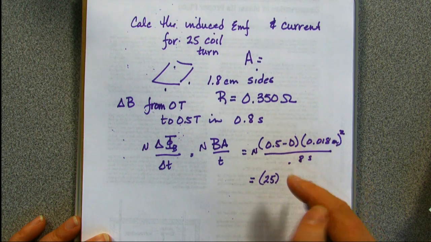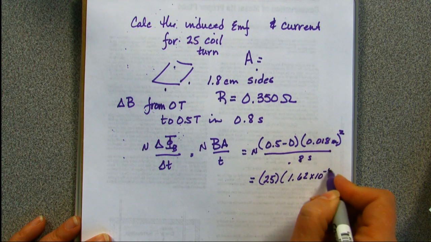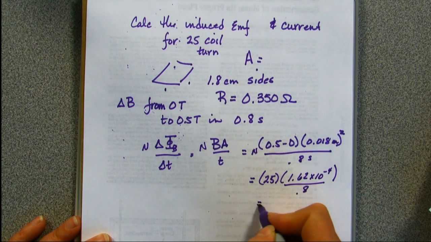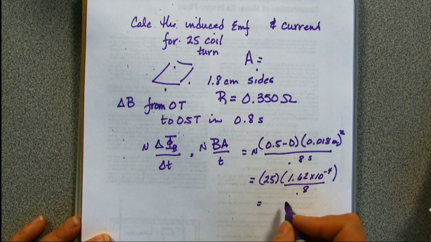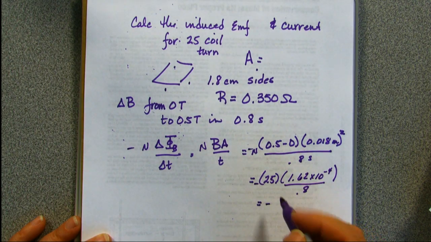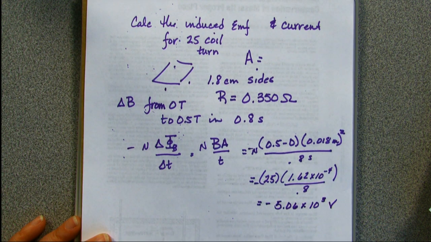This ends up being 1.62 times 10 to the minus 4 divided by 0.8, and that has a negative. That gives me a negative 5.06 times 10 to the third volts.